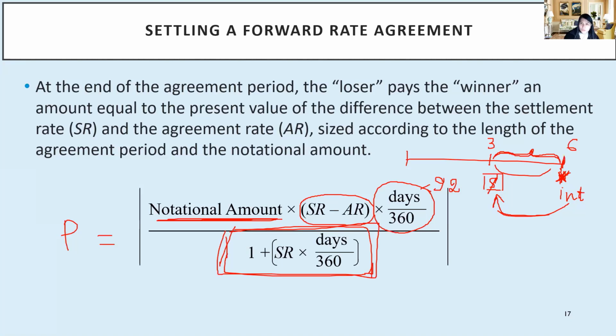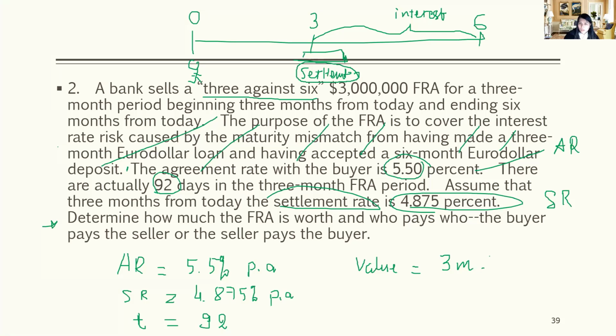So applying this formula to the question at hand. In this case, we have identified that because the settlement rate is less than the agreement rate, the seller is going to receive the money from the buyer, okay? So in other words, the buyer is going to pay the seller.